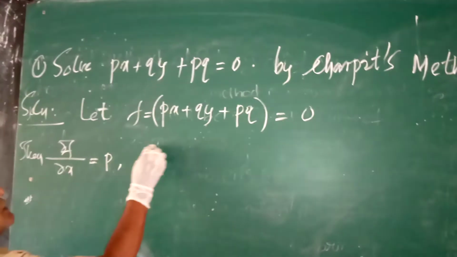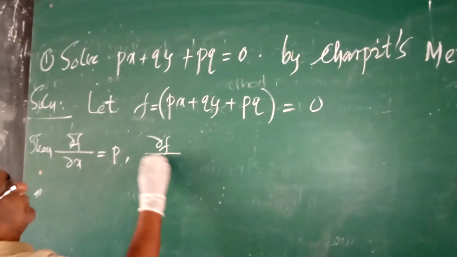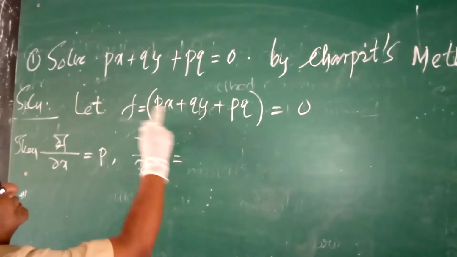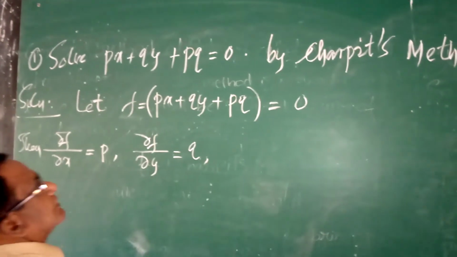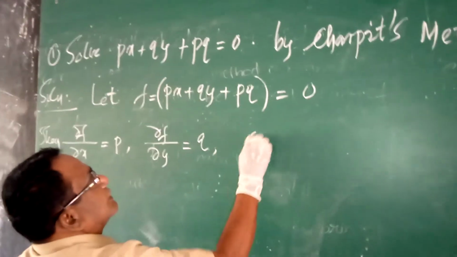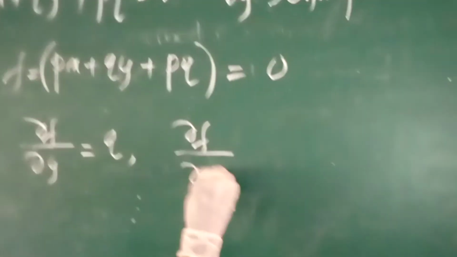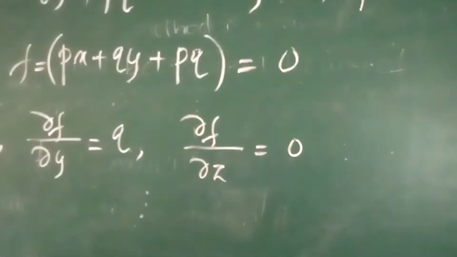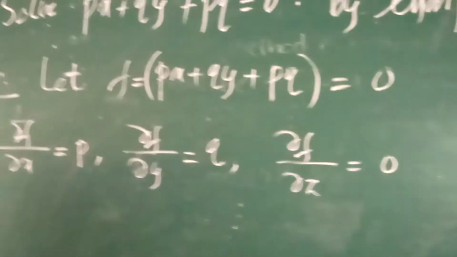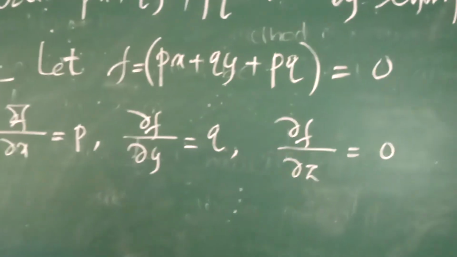Similarly, the partial derivative of f with respect to y is q. The partial derivative of f with respect to z is 0, since no term contains z.